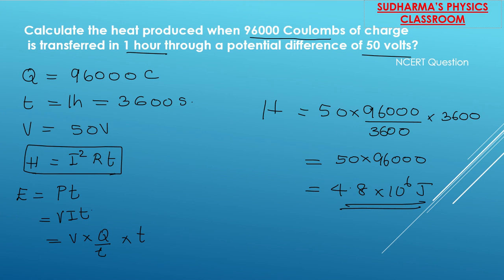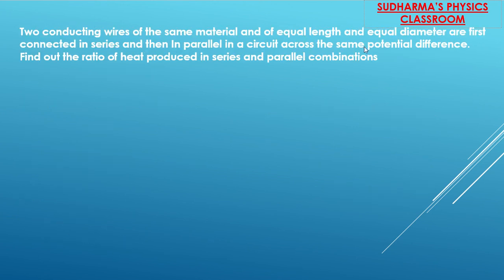Now coming to the next NCERT question. When I highlight this as NCERT, this is an NCERT question, our textbook question. I will be giving you extra questions also. Why do I highlight it as NCERT? If you study NCERT questions, you will automatically score more than 75% marks.